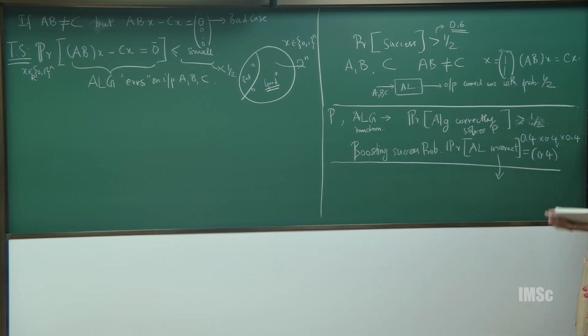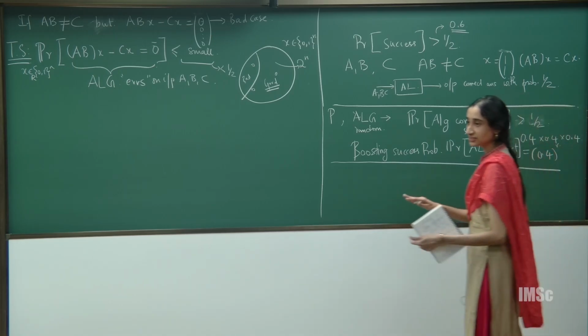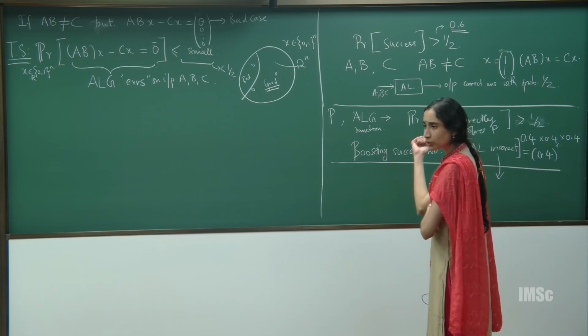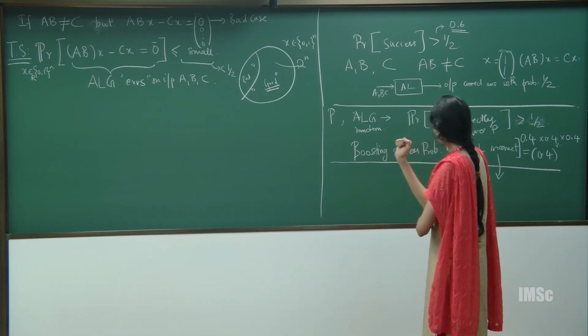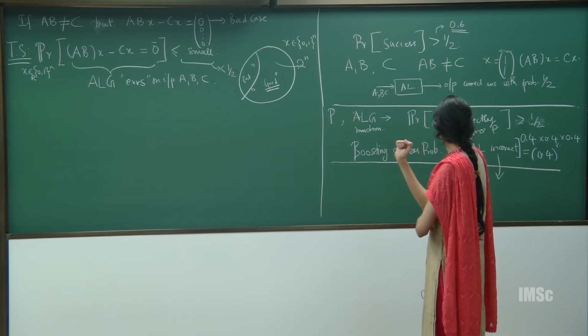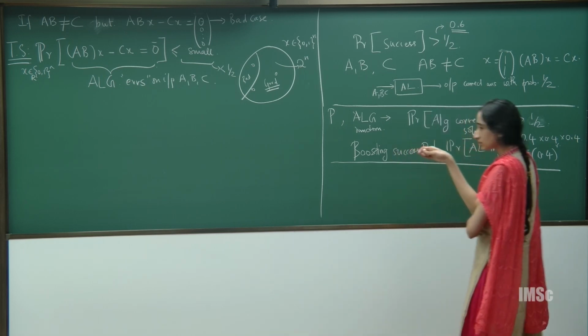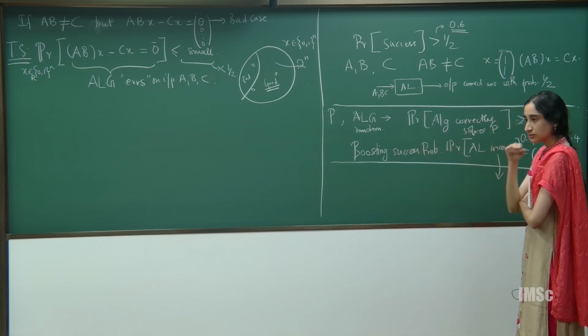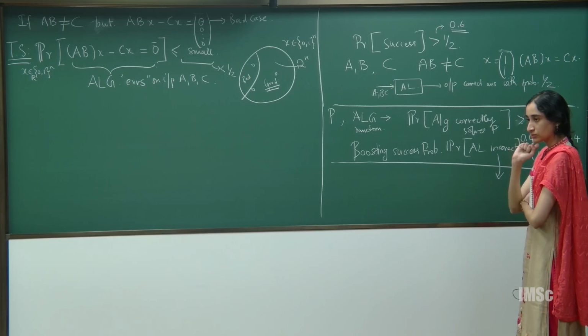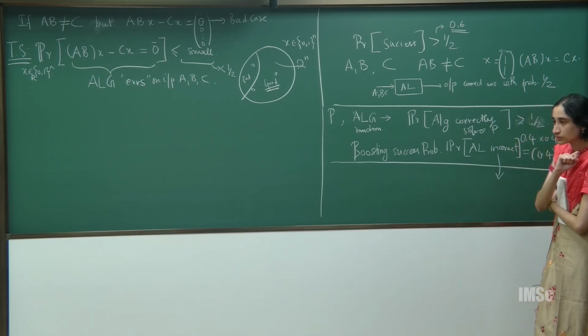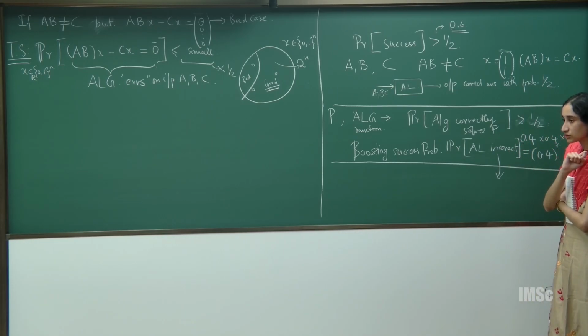Independent trials. Why did you multiply probabilities? The 0.4 power r you are getting is when the algorithm is incorrect. Now, if the algorithm is correct, the probability is 0.6. For n trials, it will become 0.6 power n. So 0.6 power n is obviously less than 0.6. So the algorithm being correct is also getting reduced.